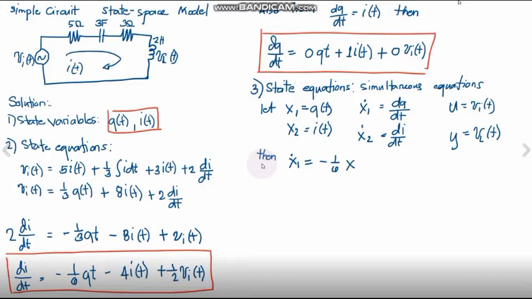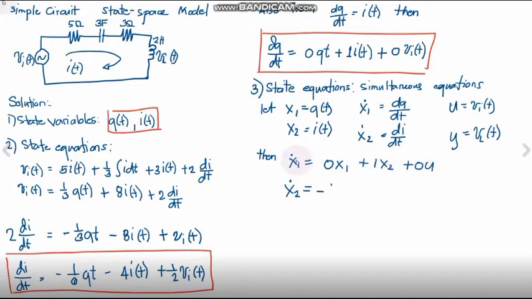If we rewrite our state equations in terms of these standard notations of x's and y's, then x1 dot, which is equal to dq/dt, will be equal to 0 x1 plus 1 x2 plus 0 u.